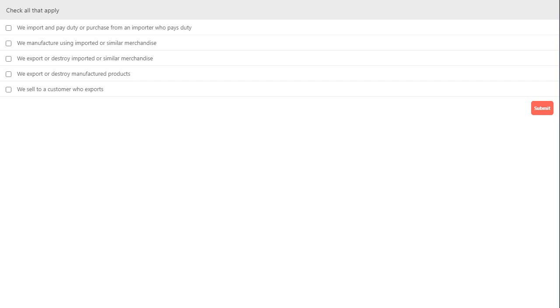If you are manufacturing using imported merchandise or similar merchandise, if you export or destroy imported or similar merchandise, as we said, similar being substituted, having the same 8-digit HTS number. If you export or destroy manufactured products, you don't have to be the manufacturer. Or if you sell to customers who export from the US, there might be an opportunity for you to claim drawback as well. I'm going to give you about 10 seconds to do this, and then we'll go on to the answers.